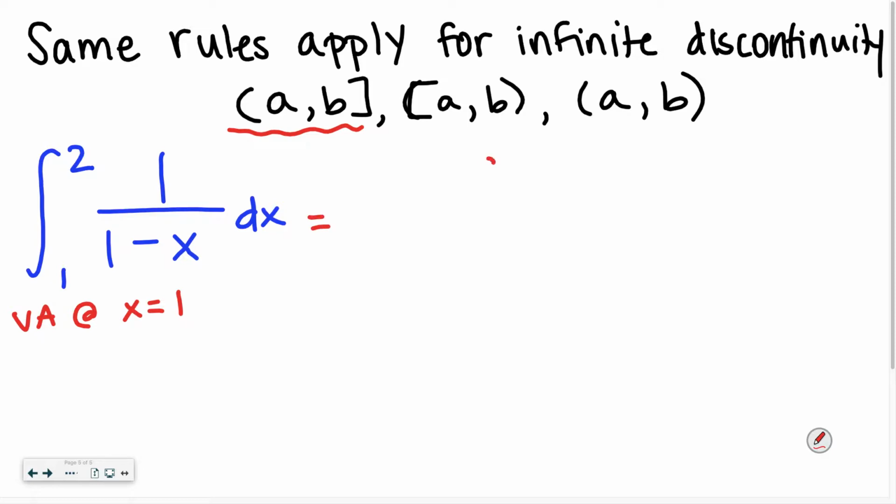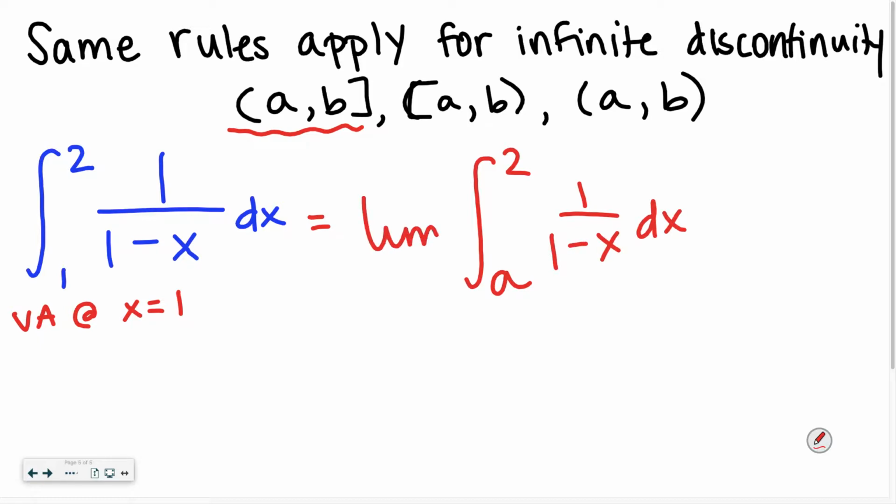From 1, we are going to replace 1 with a letter, A. And we are going to have to create a limit as A approaches 1 from the right, on the right, positive.